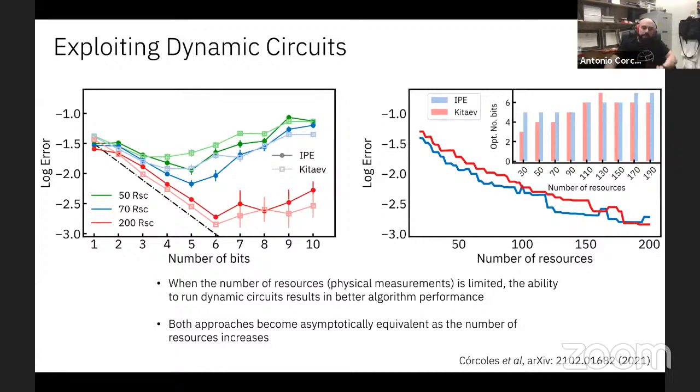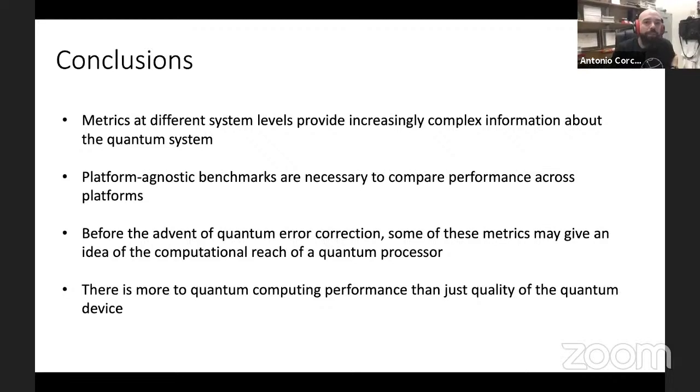This is in the paper that we put out recently, with a lot more description, but it goes a little bit beyond these metrics I was talking about. It's not enough to have good quantum computers, but we want also some of the tools that make the performance a lot more versatile for different structures of different algorithms. So I think I'll just finish with that. I will leave the conclusions there, and maybe if there are some questions, I can address them.